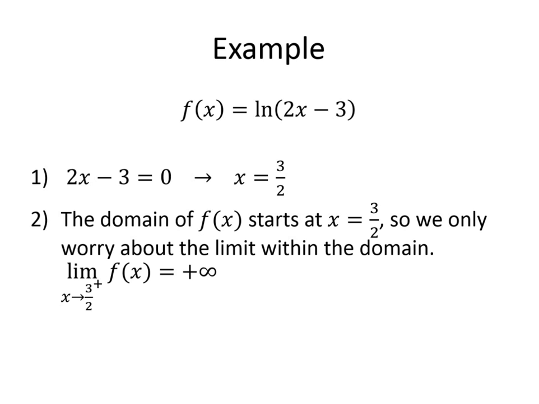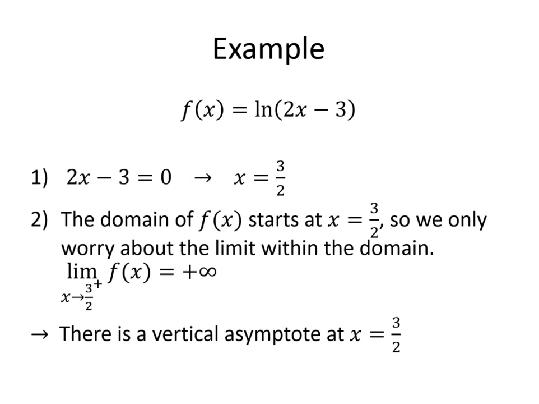That's a fact that I want you to simply memorize: the limit of a logarithm as the value inside the logarithm goes to 0 is positive infinity. Just memorize it. So what you can conclude then is that there is a vertical asymptote at x equals 3/2, that as the function approaches 3/2 from the positive side of the number line, it is going upwards to positive infinity.